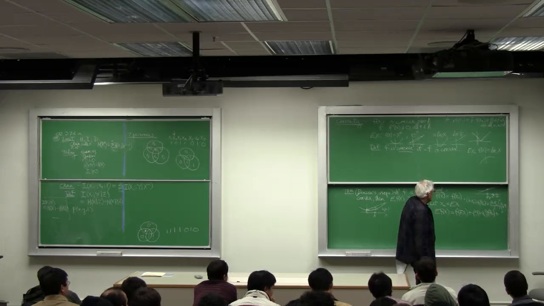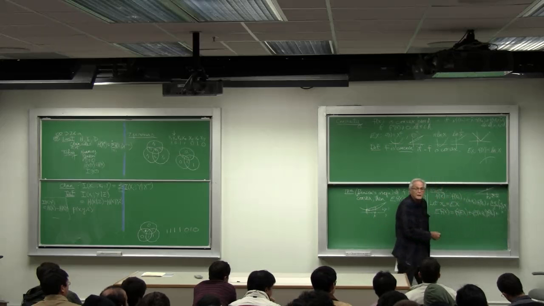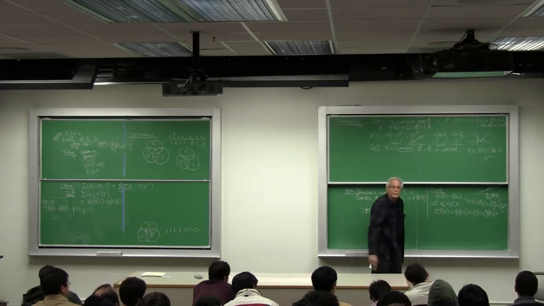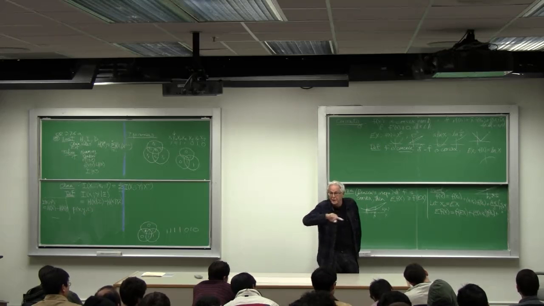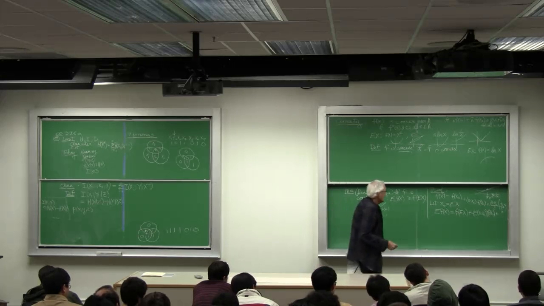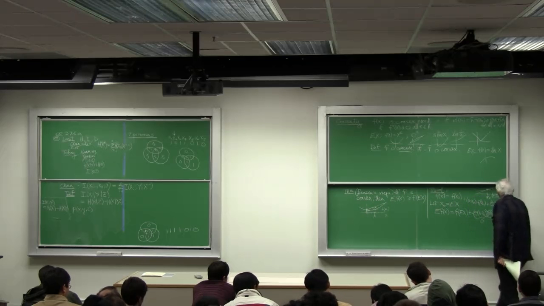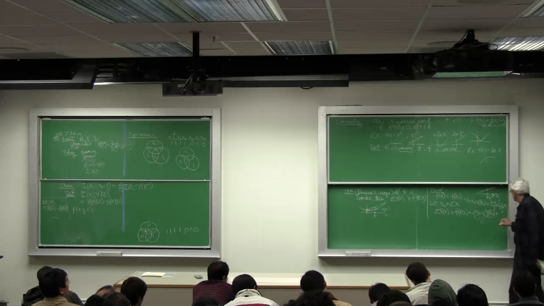But now we notice that the expected value of x minus x naught is 0 because of the assumption. We're expanding this function around its expected value. So this becomes 0. And look, x minus x naught squared is non-negative, so the expected value of it is non-negative.